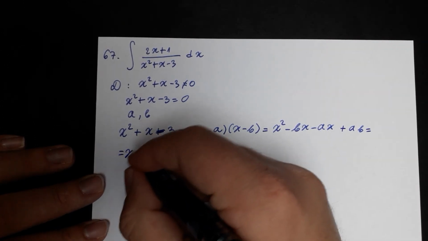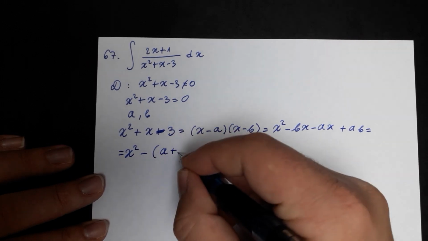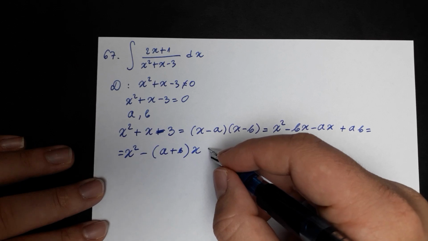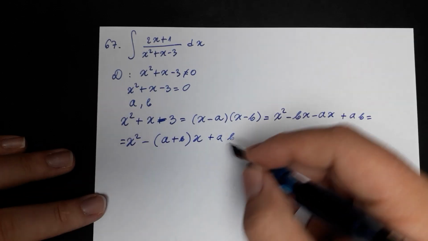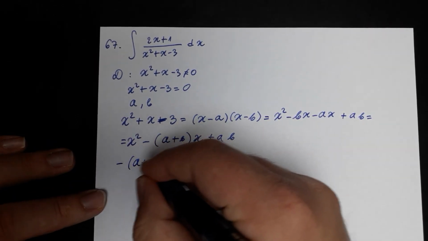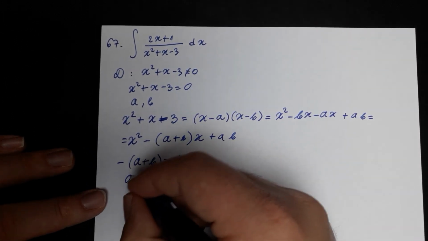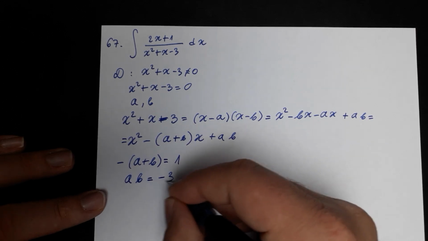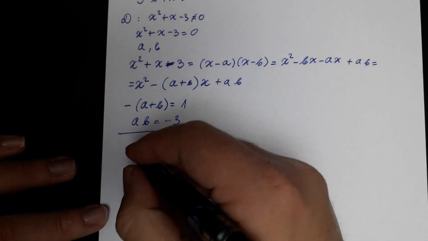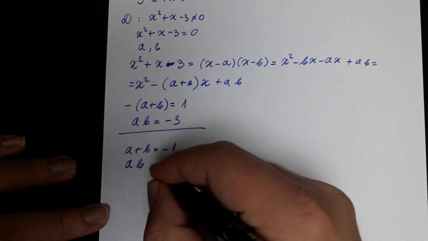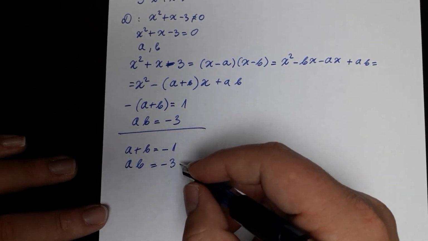That is equal to x squared minus a plus b in parentheses x and plus ab. That means that negative a plus b in parentheses is equal to 1, and a times b is equal to negative 3. Well, a plus b is then equal to negative 1, and a times b is equal to negative 3.